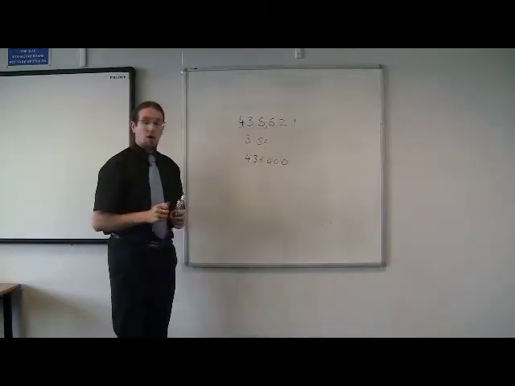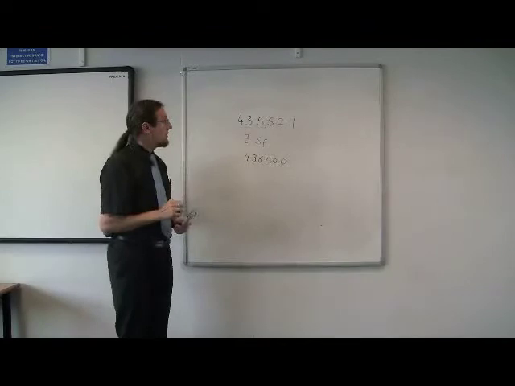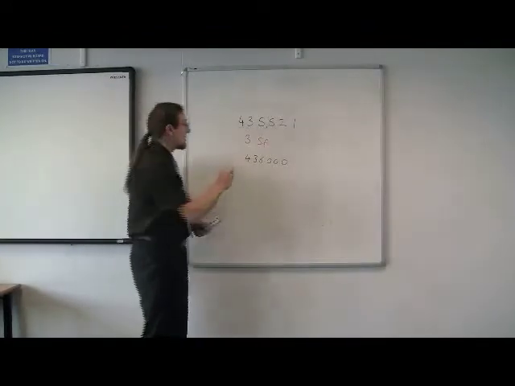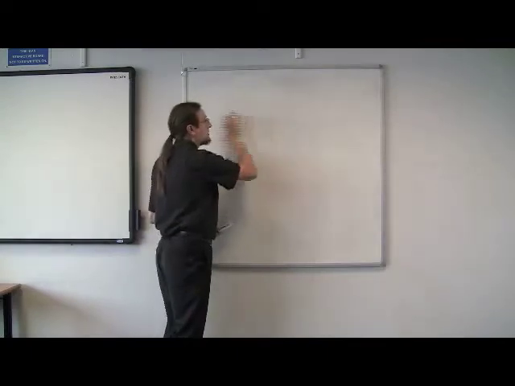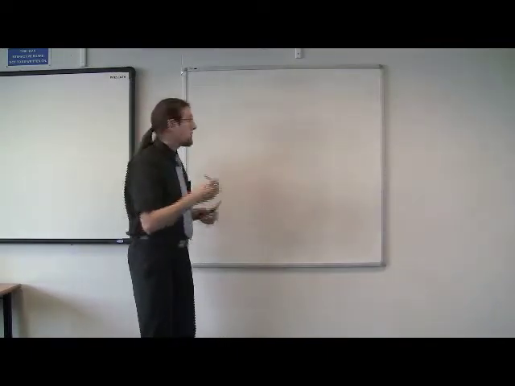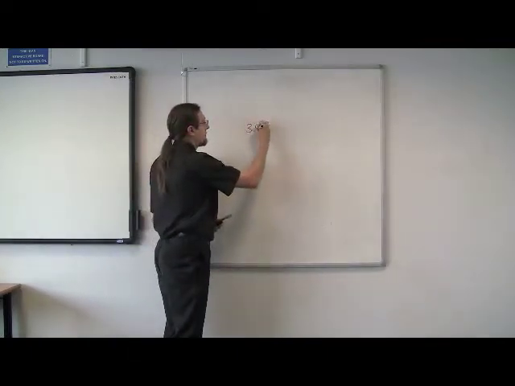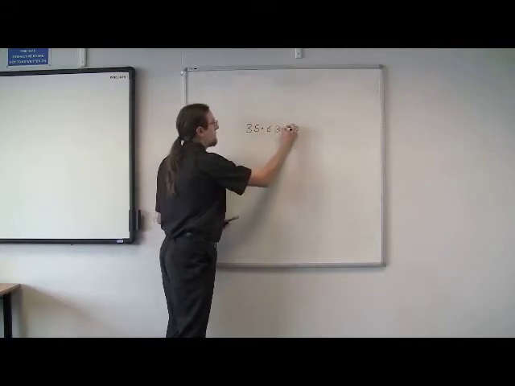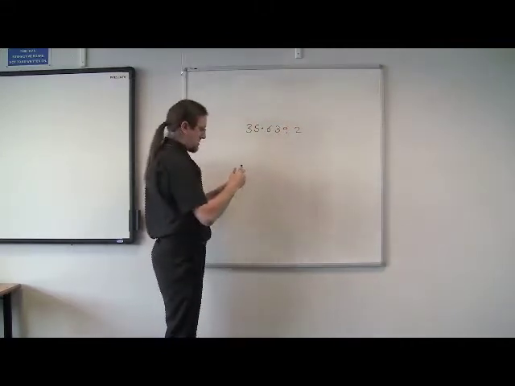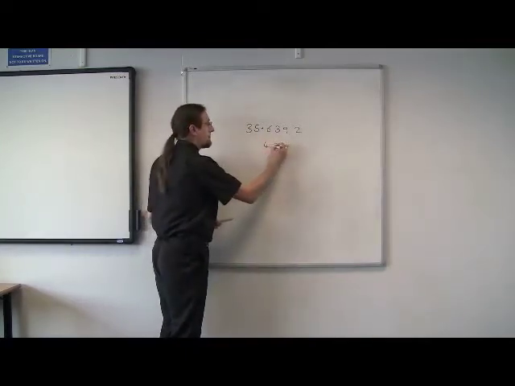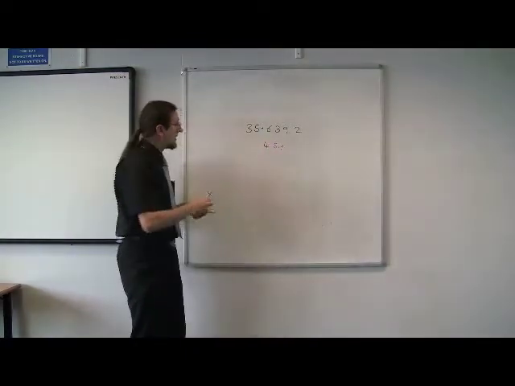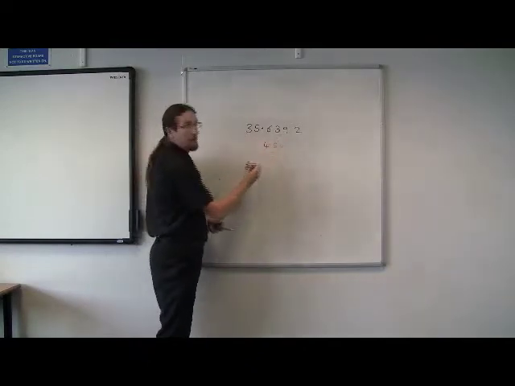Now the only thing to watch out for is if you have a number that uses a decimal, the same rules apply, but as you'll see with decimals it can be a little bit different. I'm going to round this number to 4 significant figures. So we're interested in the first 4 digits.